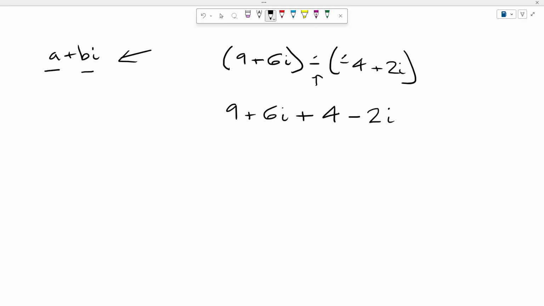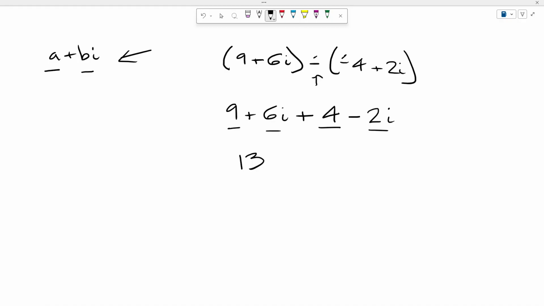And then we have some like terms that we can combine here. Or if we think about what we were just talking about, it's the same concept. We're combining like terms, or like we had been talking about, we're combining the real parts with the imaginary parts. So whichever way you want to think about it. Let's combine the 9 and the 4, our real parts.